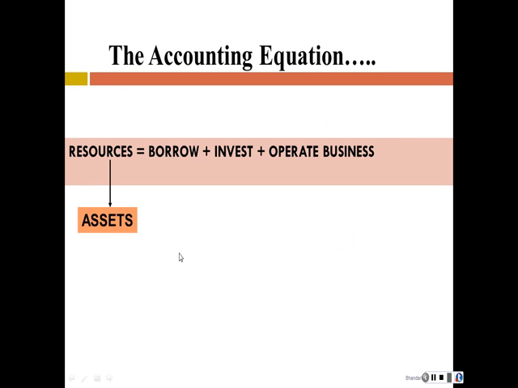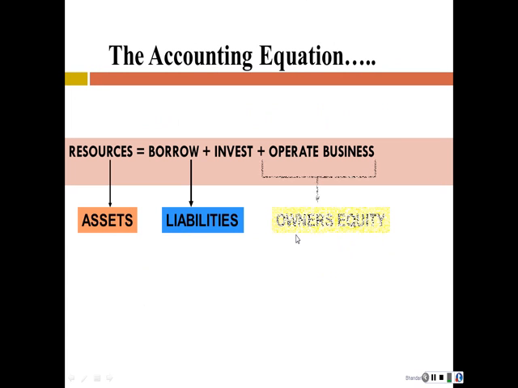Our borrowings are referred to as liabilities. And what we invest in the business and what the business generates through its operations is referred to as owner's equity. So we have assets, resources, equal liabilities, our borrowings, plus owner's equity, which is our investments, plus what our business generates in the form of its operations.